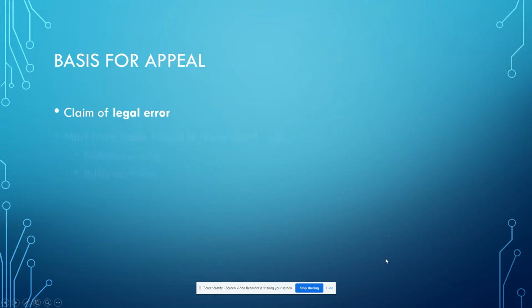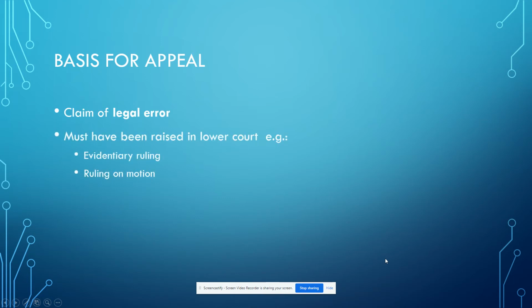So your basis for appeal, you can only appeal if there is a claim of legal error. Okay, so it can't be, well, the jury made the wrong decision. That's not a basis for appeal because that is a factual error. You can never appeal a finding of fact. So it has to be a legal error, and it has to have been raised in the lower court.